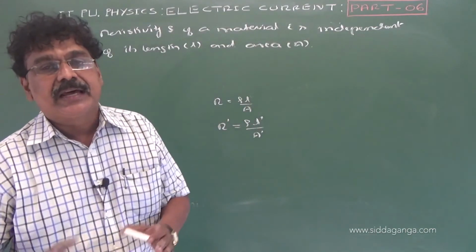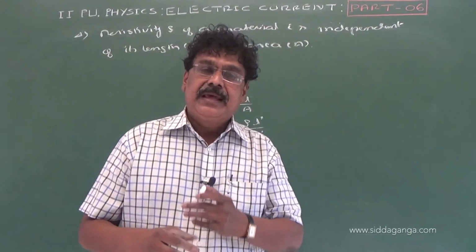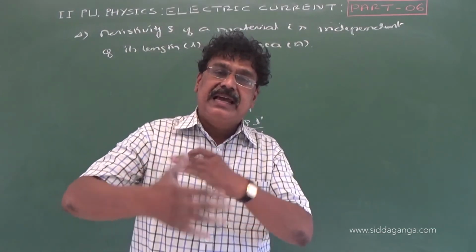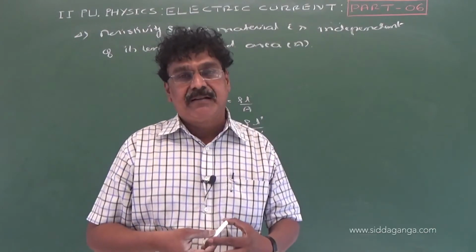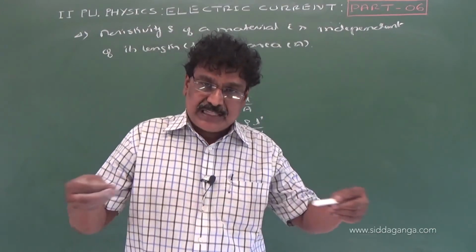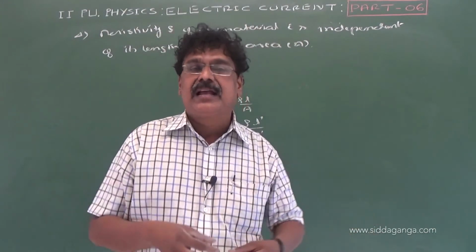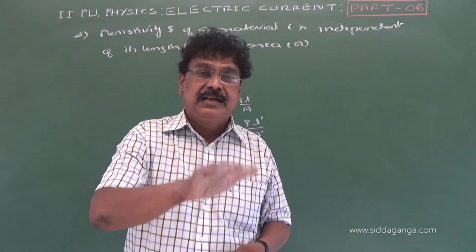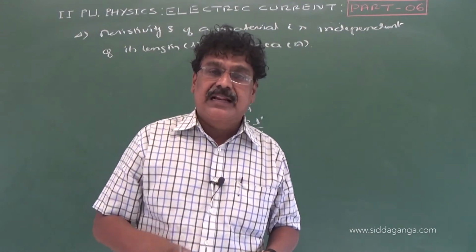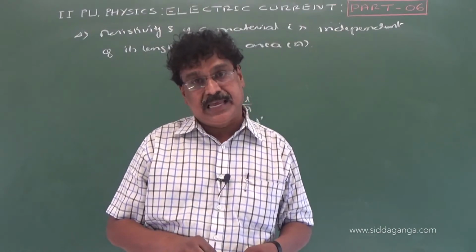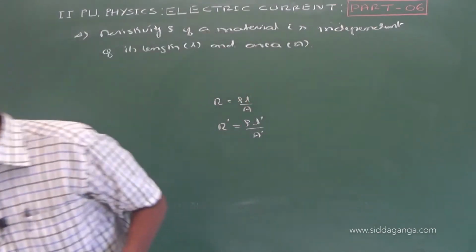Therefore, resistance of a conductor depends upon its length and area. For a given wire, by changing the length and the area, we can change the resistance, but the resistivity remains the same.